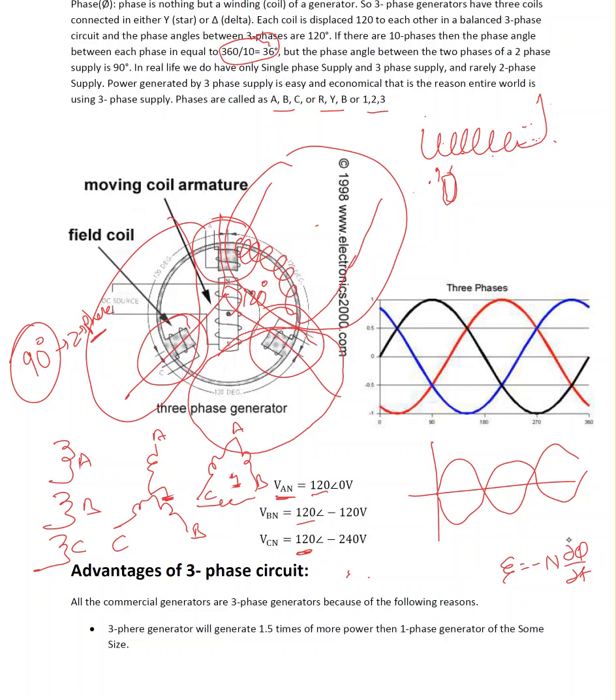And at the same time, the rate of change of magnetic flux is going to be the same in this generator. So this generates the same amount of voltage, but the voltages are physically 120 degrees apart. So phase A is going to start at 0, phase B is going to start at minus 120, phase C is going to start at minus 240.